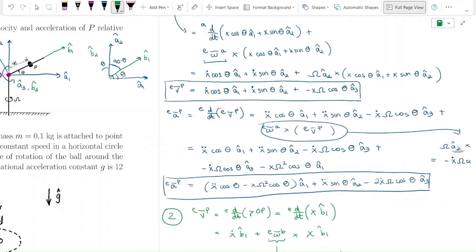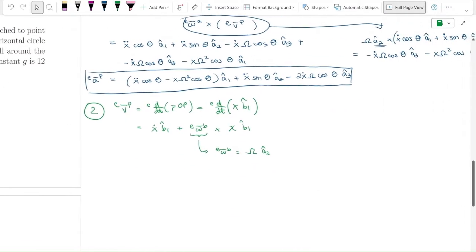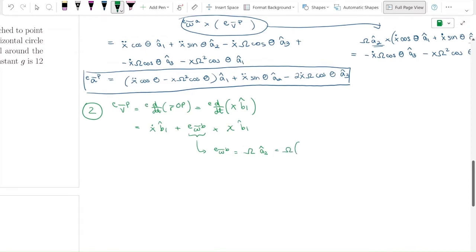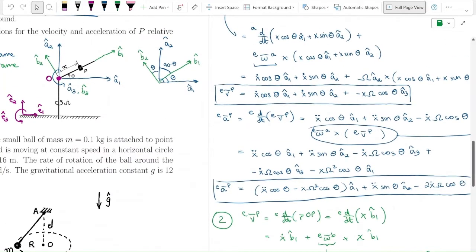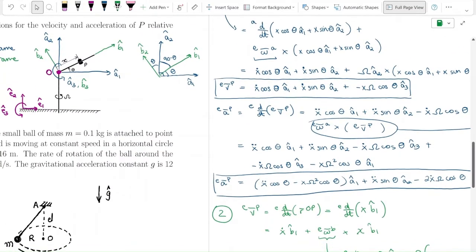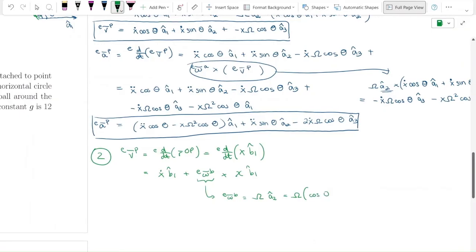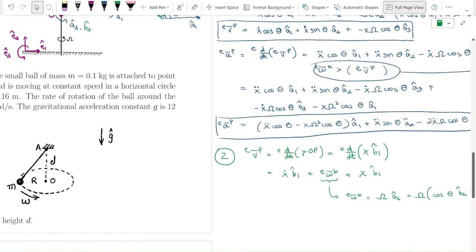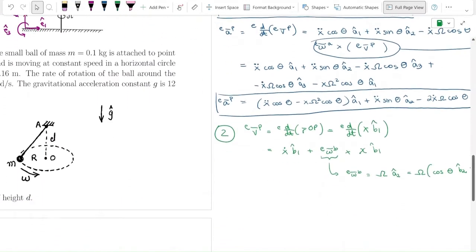So we can now write our A2 hat as omega cosine theta in the B2 hat direction plus sine theta B1 hat. Cosine theta, sine theta B1. Okay.